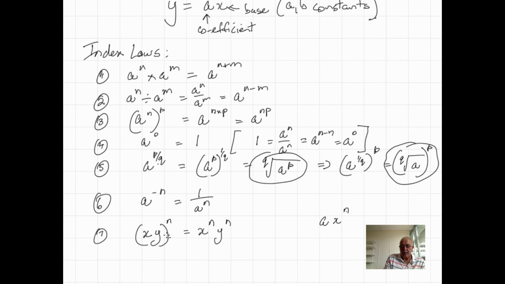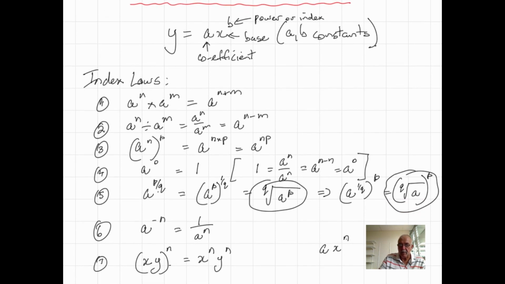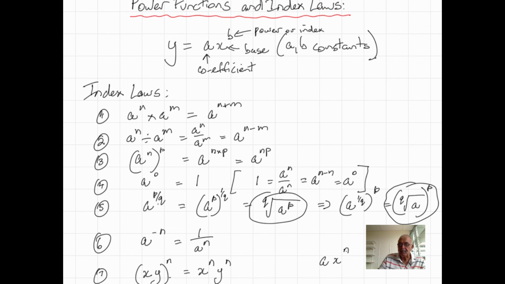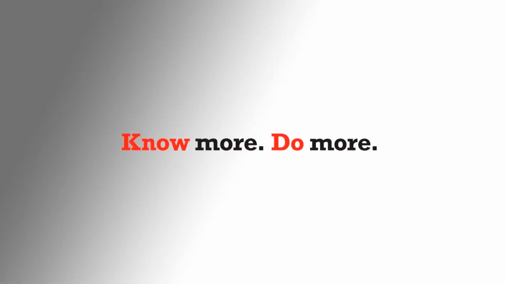So when you've got brackets around that, everything inside the brackets has got to be raised to the power of n. And I think if you can remember those 7 rules, you'll get through all the questions and all the things you need to know about powers.